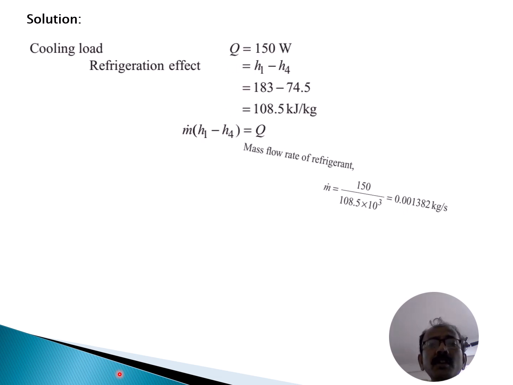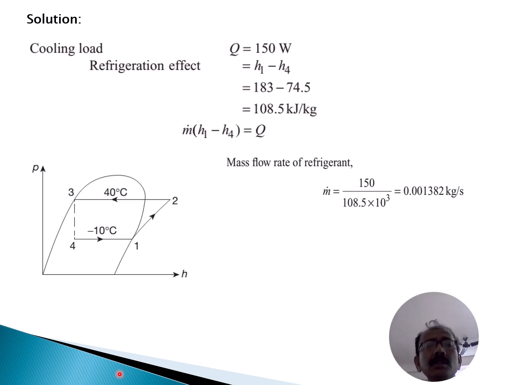So this is the solution. This is the cooling load, Q, given as 150. H1 minus H4 is the refrigerating effect, which all of you know, that is the enthalpy difference, 183 minus 74, which we get directly from the table.